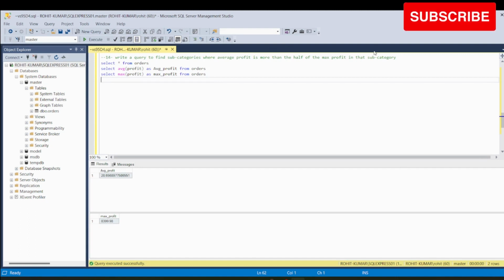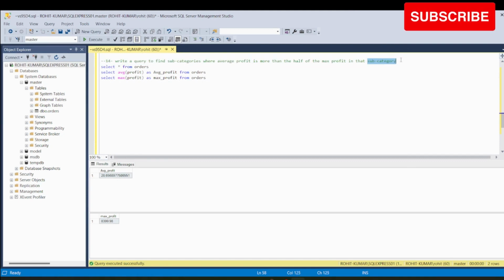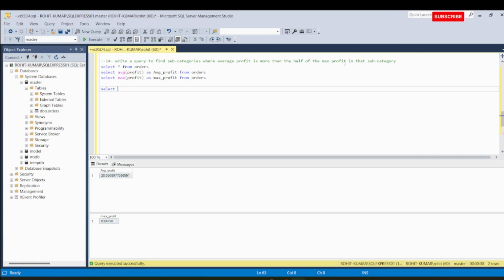Okay, so now these three parts are done. Now it's time for the fourth part. We have to group the max profit and average profit by subcategory. So let's write this as select. We have to find only those orders which have average profit more than half of the max profit, where the average profit is greater than half of the max profit.